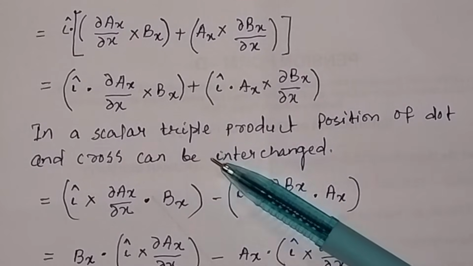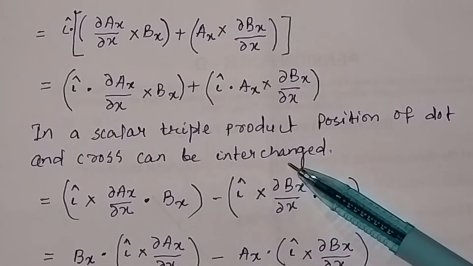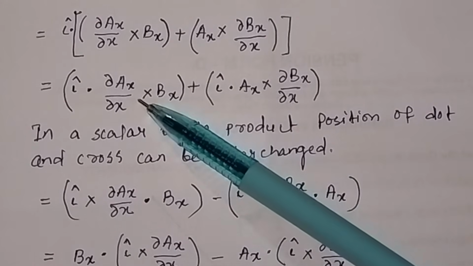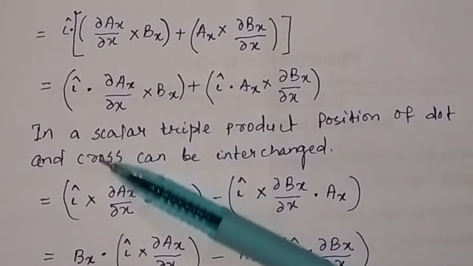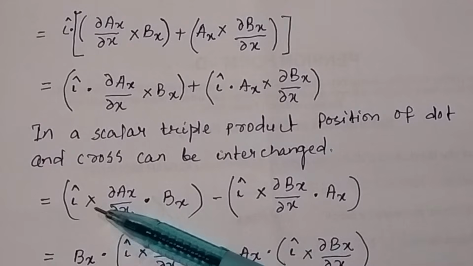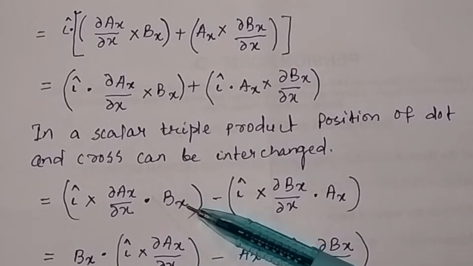And we know in a scalar triple product, the positions of the dot and cross can be interchanged. So if you interchange cross and dot, the first term will be equal to i cap cross partial derivative of Ax with respect to x dot Bx.